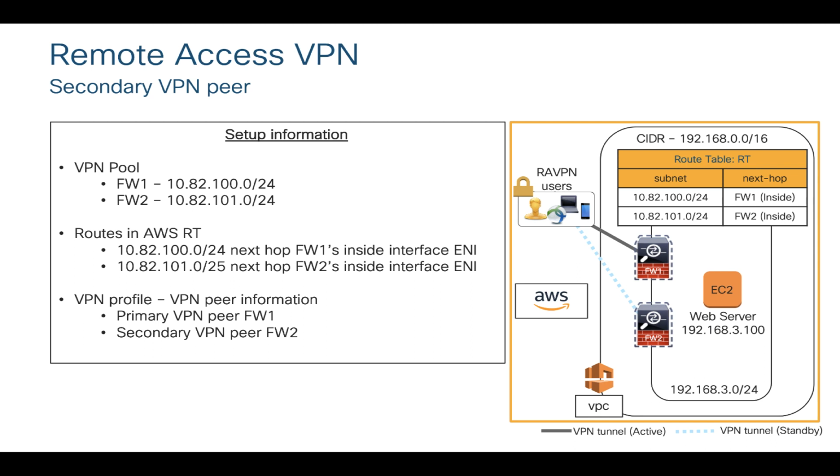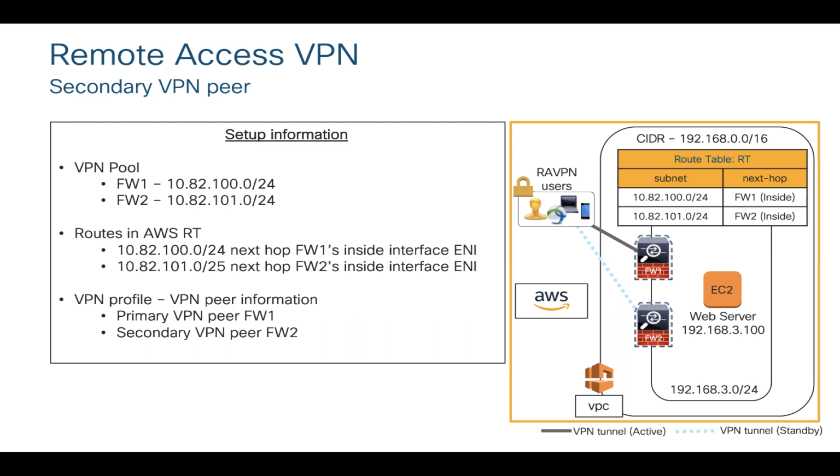Now in this example, you can see that I have firewall 1 and firewall 2, and each firewall has its own VPN pool. So the VPN pool for firewall 1 is 10.82.100.0/24, and the VPN pool for firewall 2 is 10.82.101.0/24.